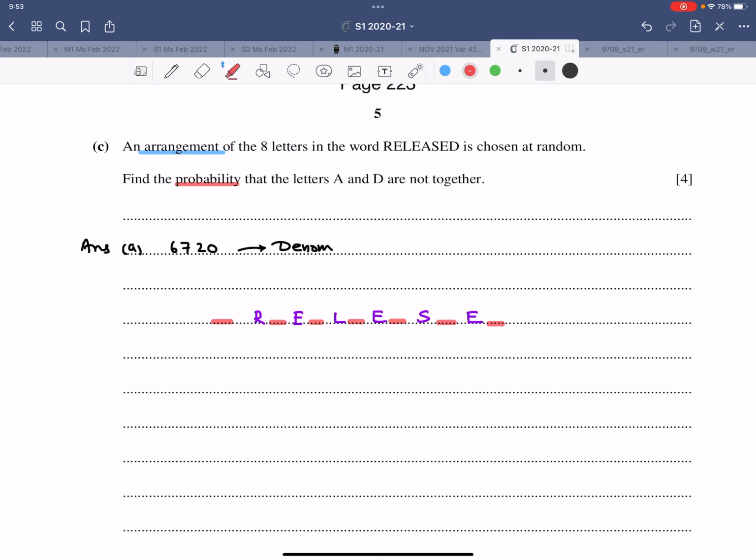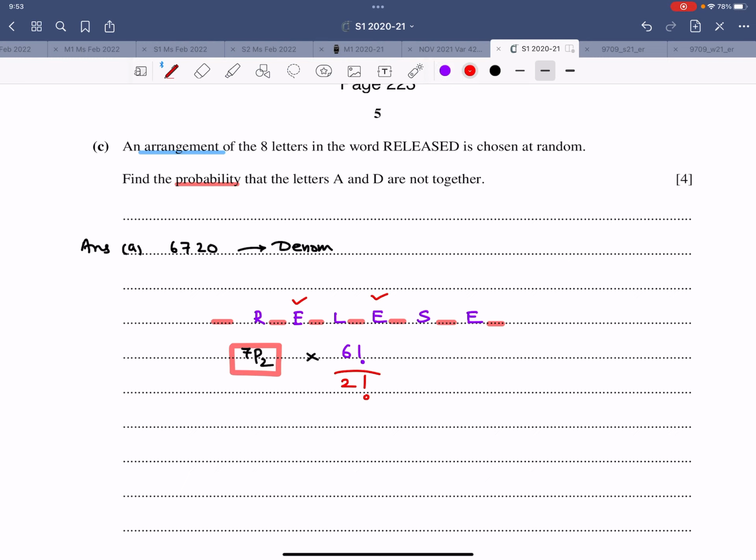This thing is about A and D not together. So this is 7P2 multiplied by, for the purple one, this is 6 factorial but divided by 2 factorial for the E's.